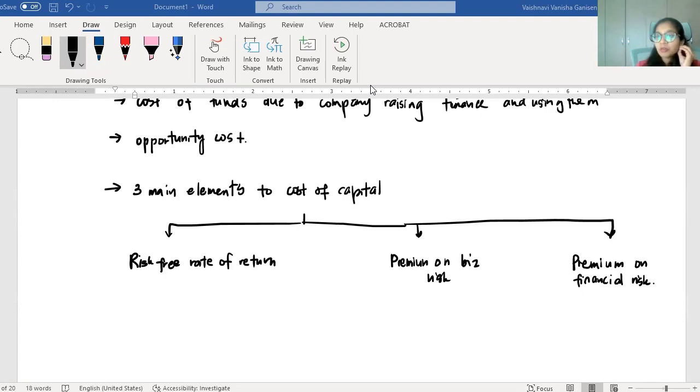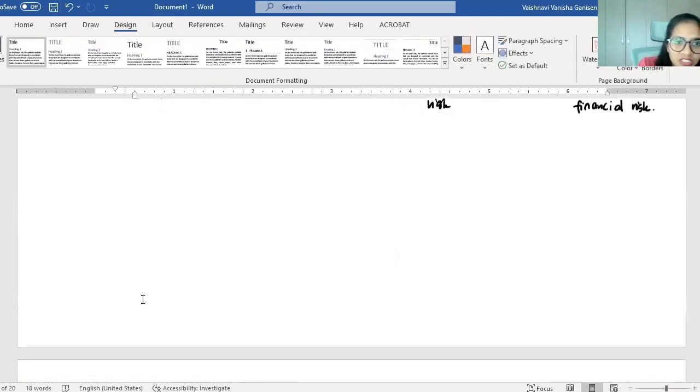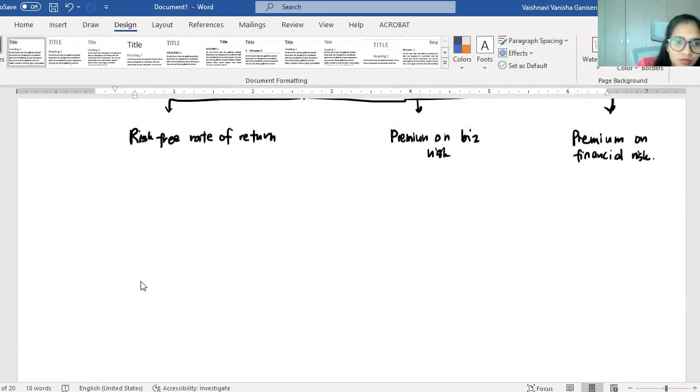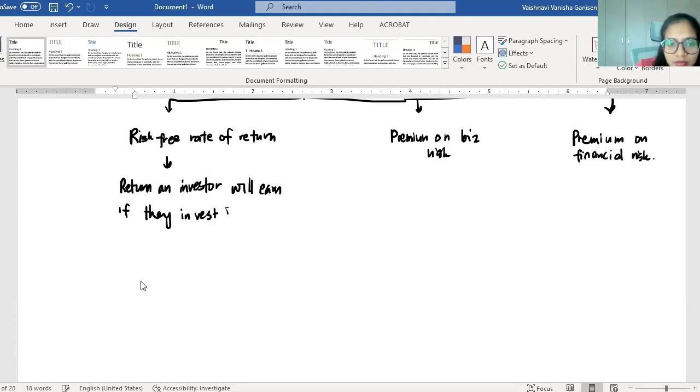Now, when you talk about the premium for business risk, let me just write down this first. Risk-free rate of return is the return an investor will earn if they invest in risk-free investments.